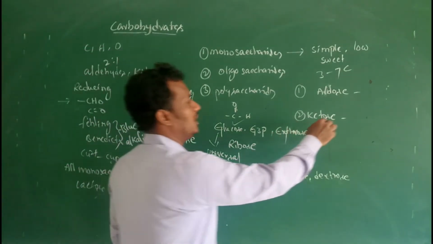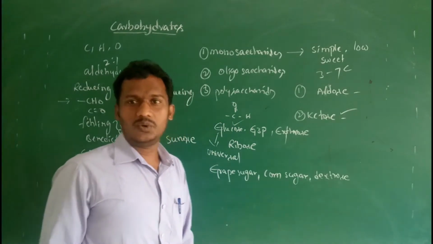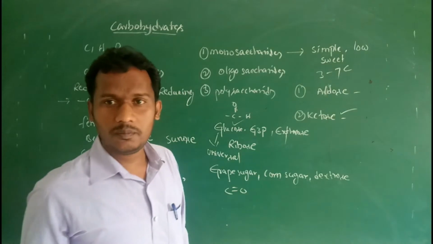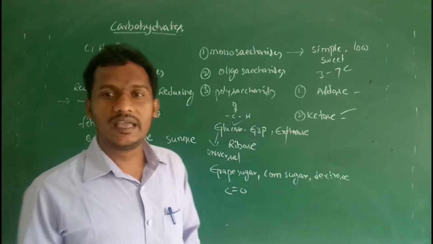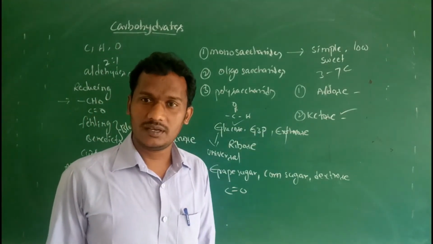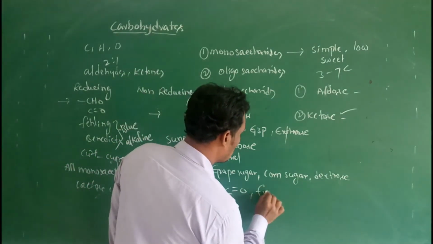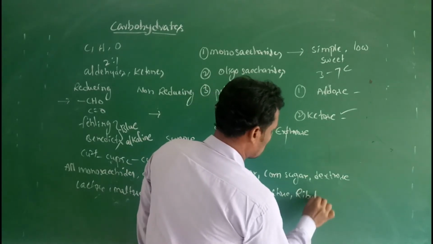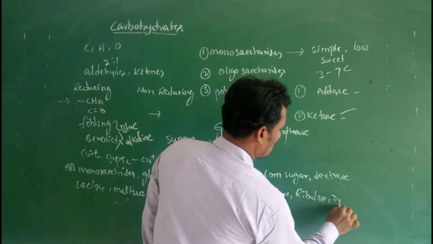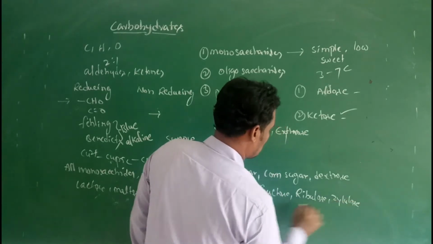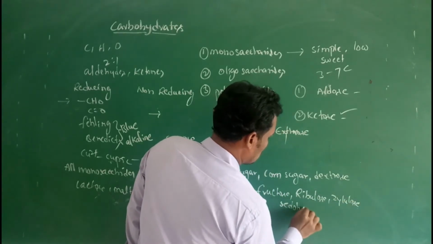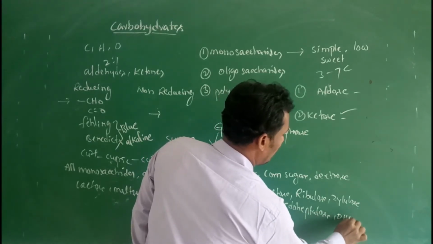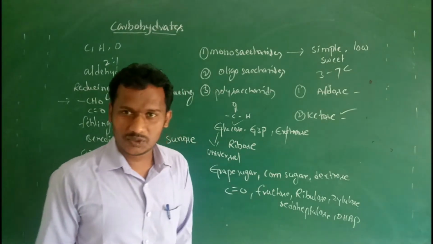Next one, ketose sugars. In ketose sugars, the main functional group present is a ketone group. That's why this is known as a ketose sugar. Examples: fructose, ribulose, xylulose, pseudoheptulose, then DHAP, dihydroxyacetone phosphate.